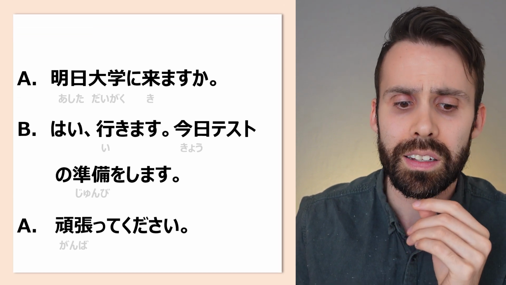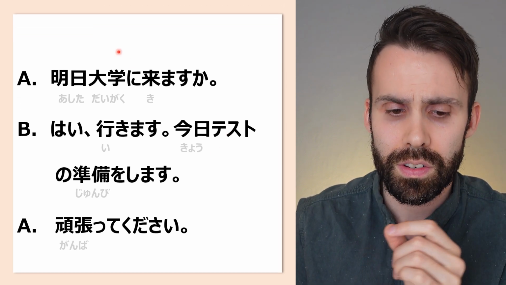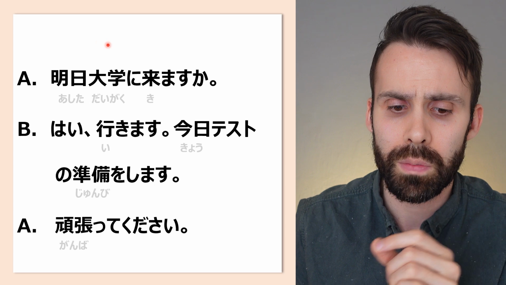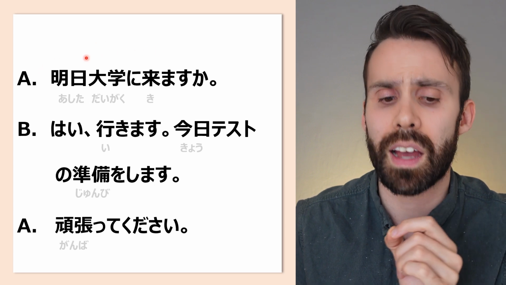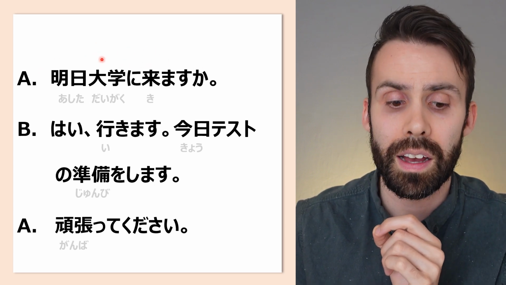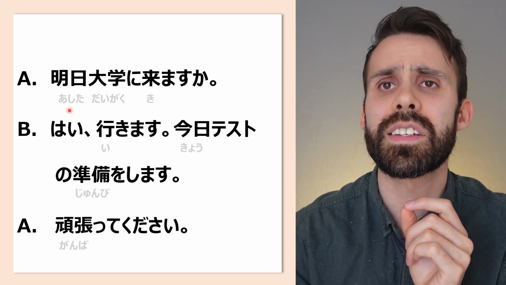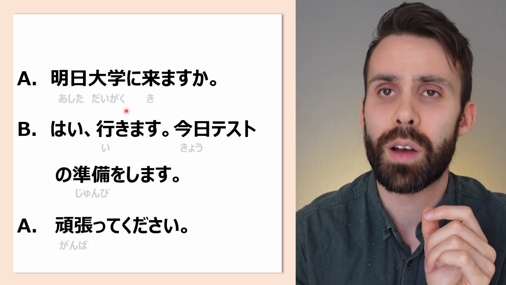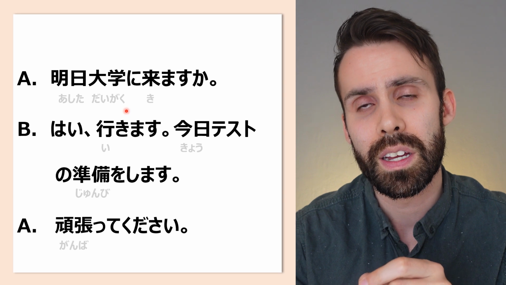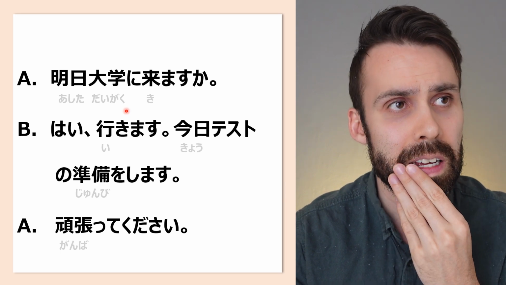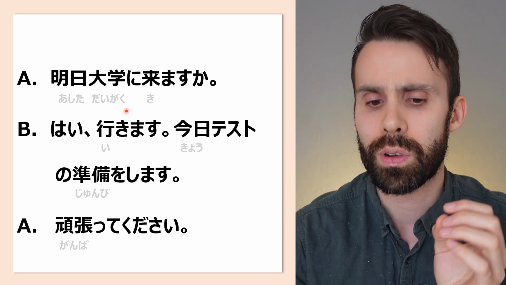So, 明日、大学に来ますか? So, tomorrow, will you come to the university? 明日、大学に来ますか? はい、yes, 行きます. And this is important because when it comes to coming and going in Japanese, it depends on where you are located.